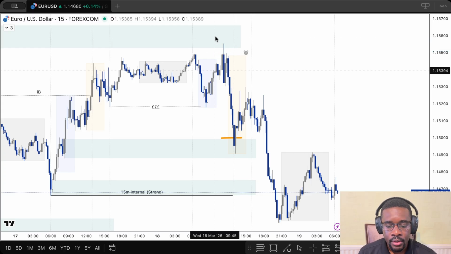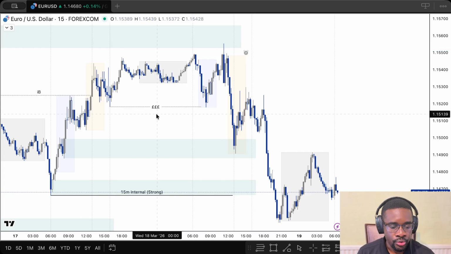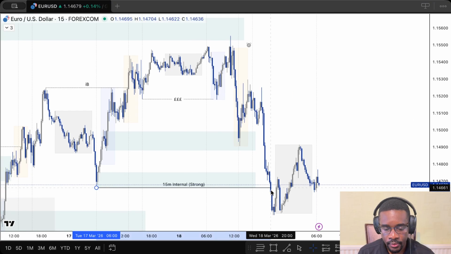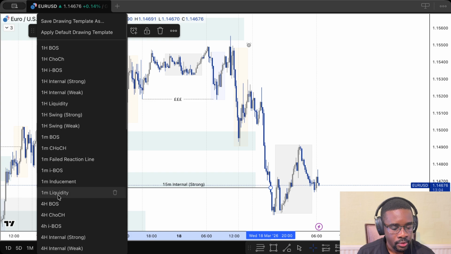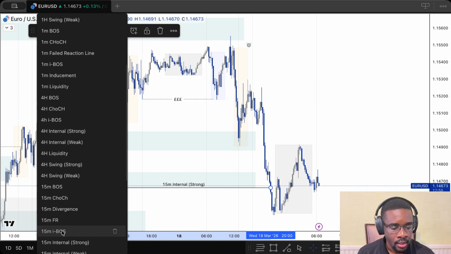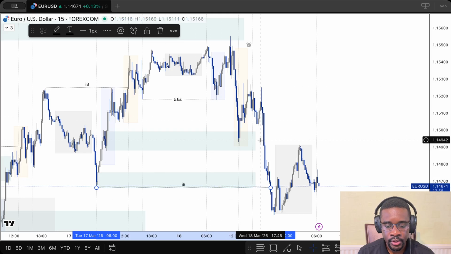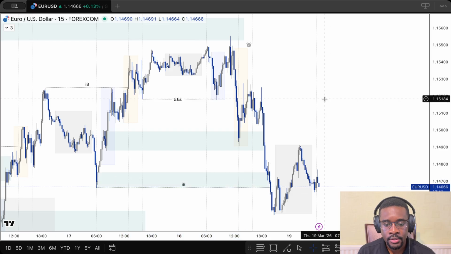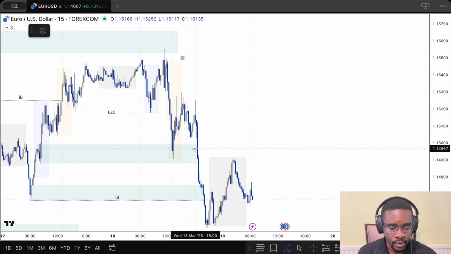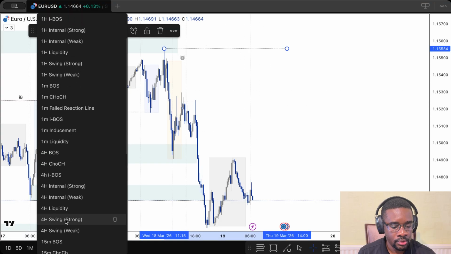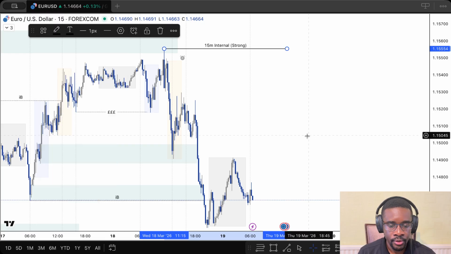So looking ahead to today, we've had a break. We've broken our internal, it's broken down. So this is our internal break of structure. This is where the supply ended up failing, I mean this demand as well as this demand. So that means this is my new range or my current range, and that becomes my strong internal high.